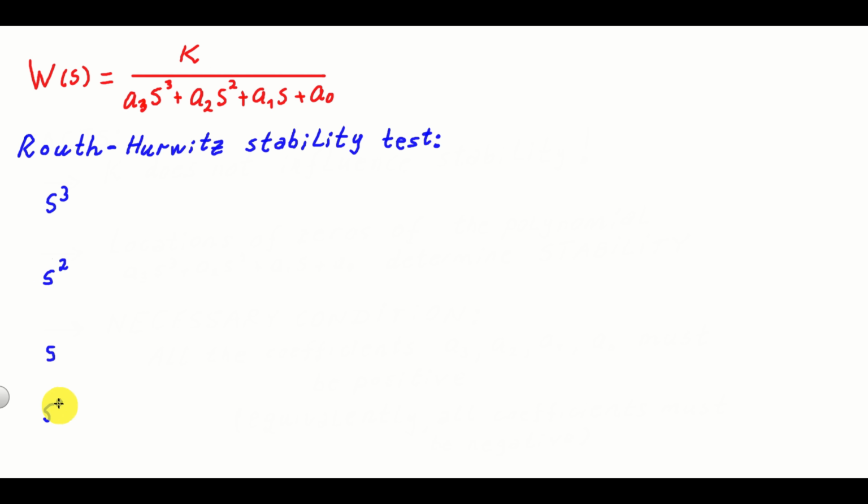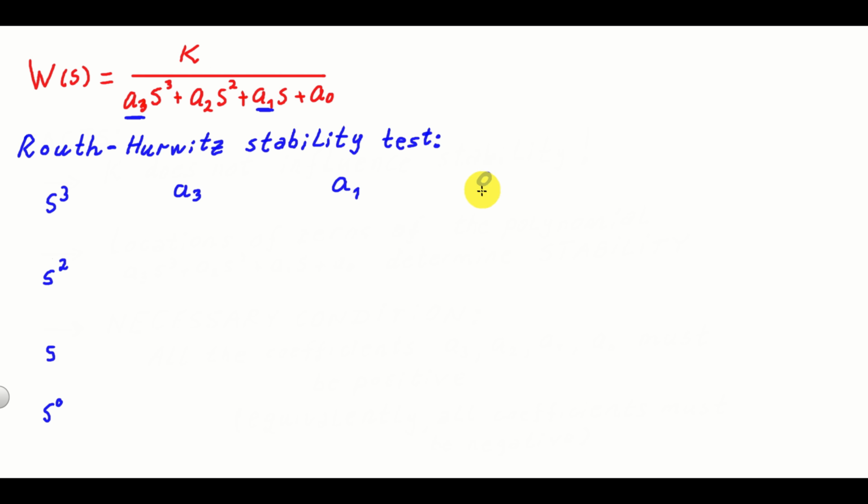Then, the entries in this first row are actually the coefficients a3, then we skip a2, a1. So we have a3 over here, then over here we will have a1, and some people add here 0, and I will add 0 over here.